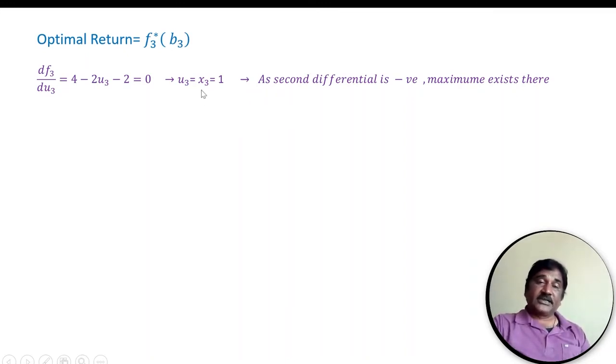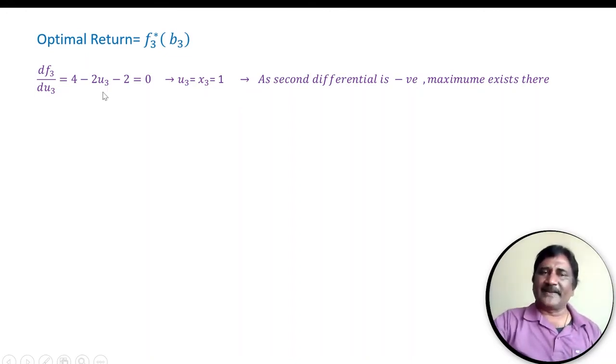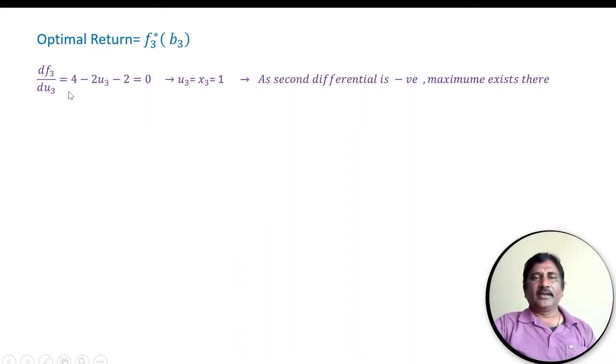Now once again the question will be whether at this point I get the minimum or maximum. For that I will differentiate this once again: 4 minus 2 differentiates to 0, and minus 2 u3 differentiates to minus 2, and as the second differential is negative, I get the maximum value at u3 equal to 1.